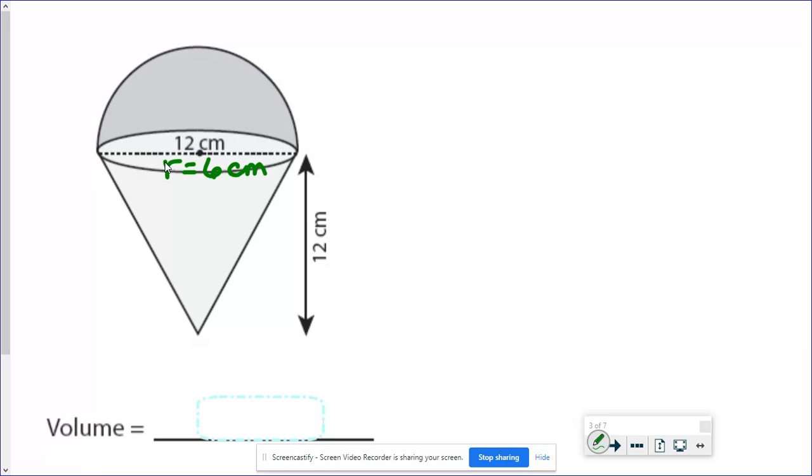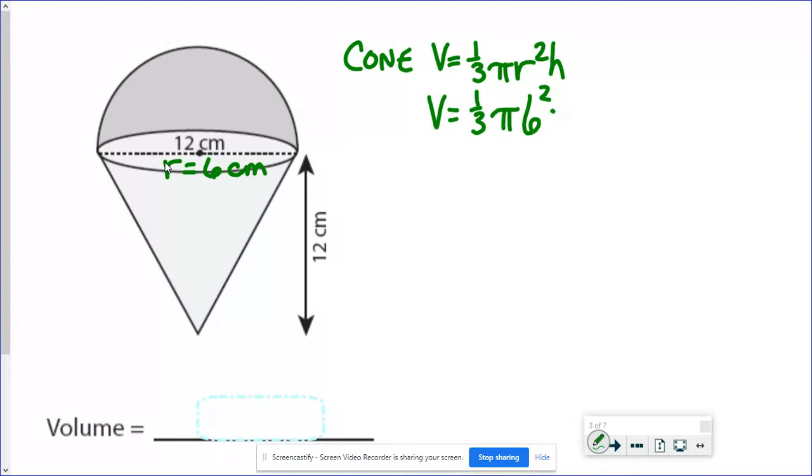Remember, the hemisphere or a sphere really only has the one measurement. So in this one, let's do the cone first. That formula is 1/3 pi r squared h. The radius we know is 6, and the height in this case is 12.